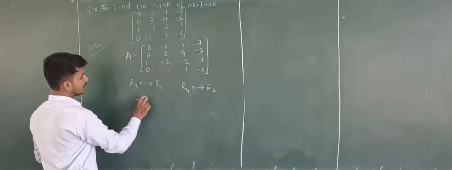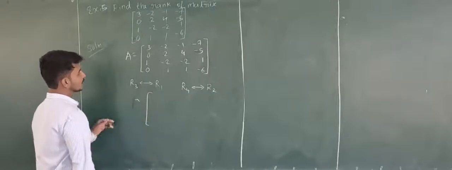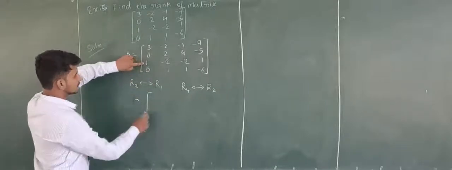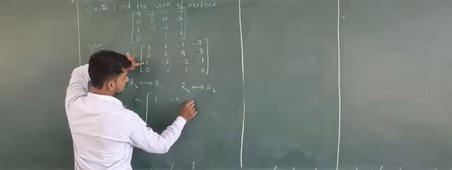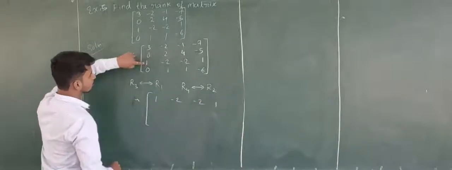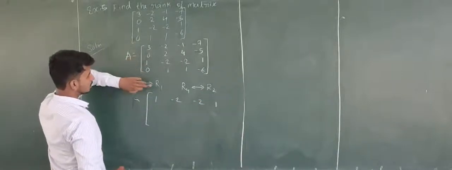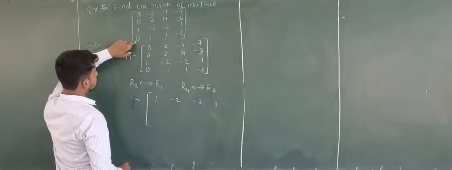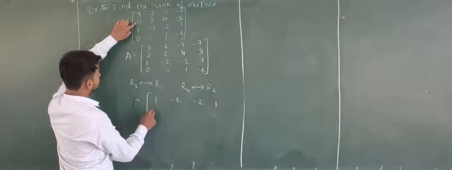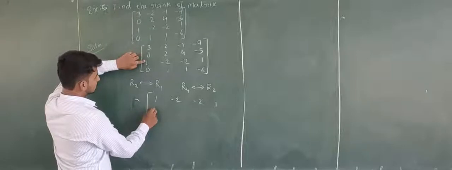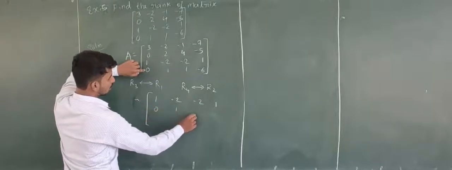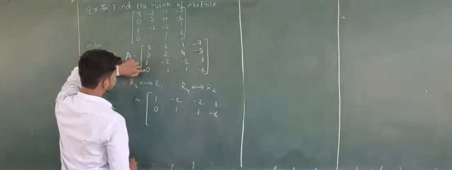So the matrix: we are changing row 3 to row 1, that is 1, -2, 1. Next we are changing R4 to row 2, that is 0, 1, 1, -6.